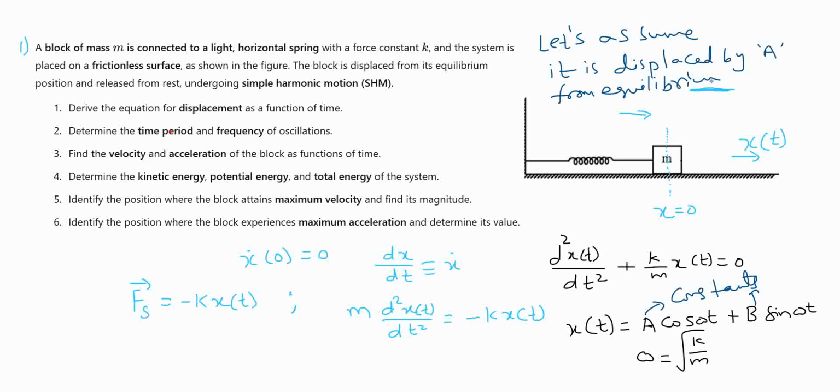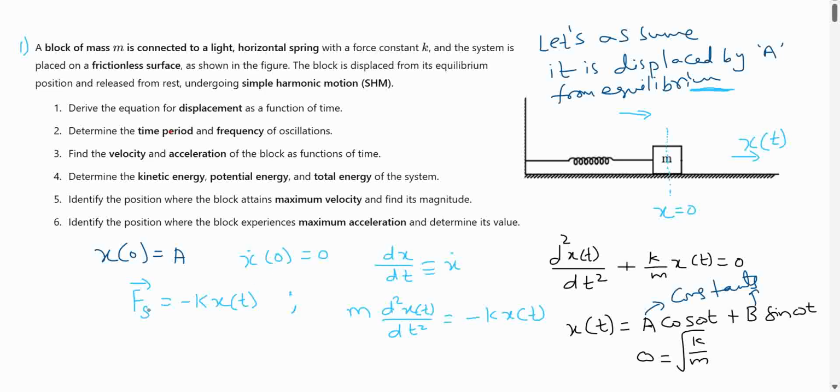So based on this we can have another initial condition, that is x of 0 equal to A. At time t equal to 0, the mass is at A, and it is released from rest, so its initial velocity is 0.